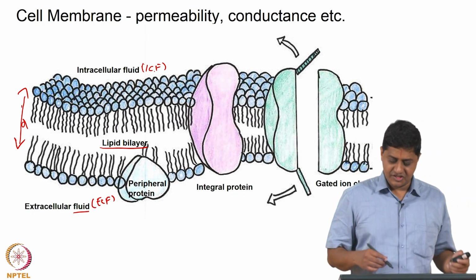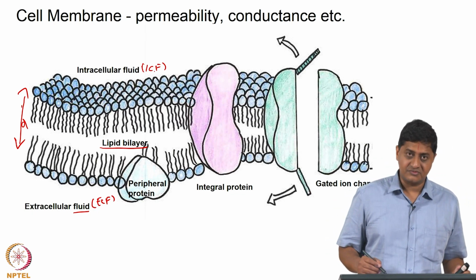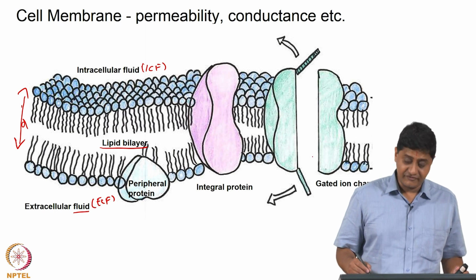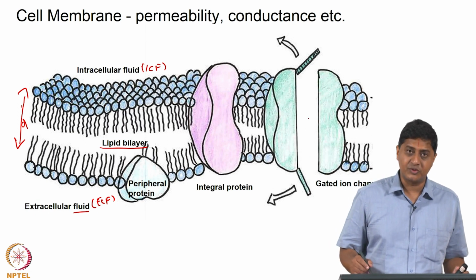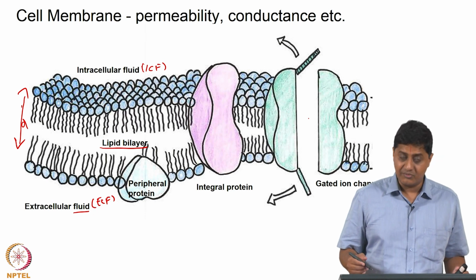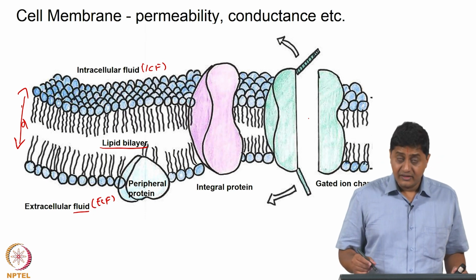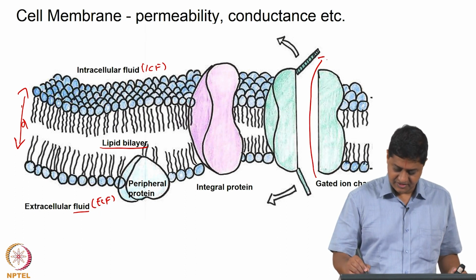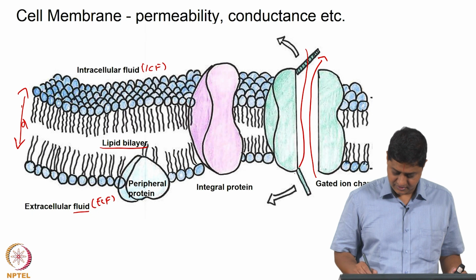So, there is exchange of solutes, in this particular case ions, from one side to the other. Say, for example, if this channel is open and allows many ions, then it allows transport of ions in this direction as well as in that direction.